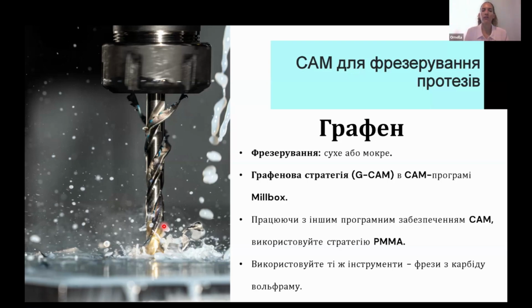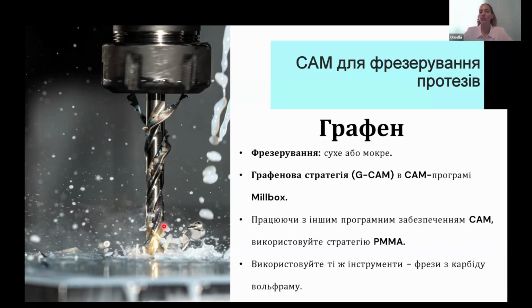If you work with Millbox, we already have the G-CAM strategy in the last versions of Millbox, so you can choose the G-CAM material for the correct strategy. But don't worry, if you don't work with Millbox, you can choose the PMMA strategy. So you can mill without any problem with the PMMA strategy, with the milling machine and the CAM software that you are using in the lab.